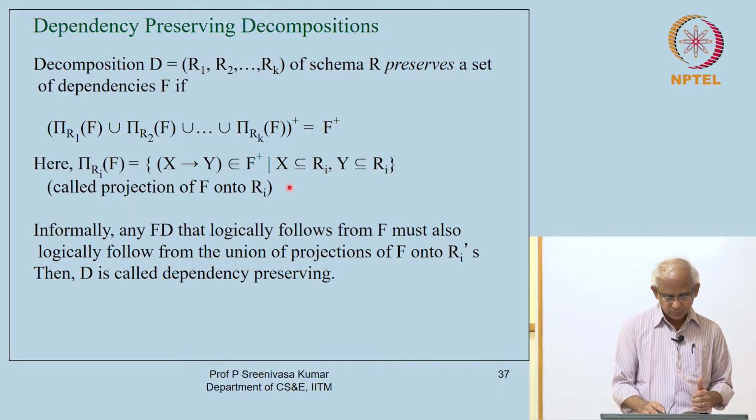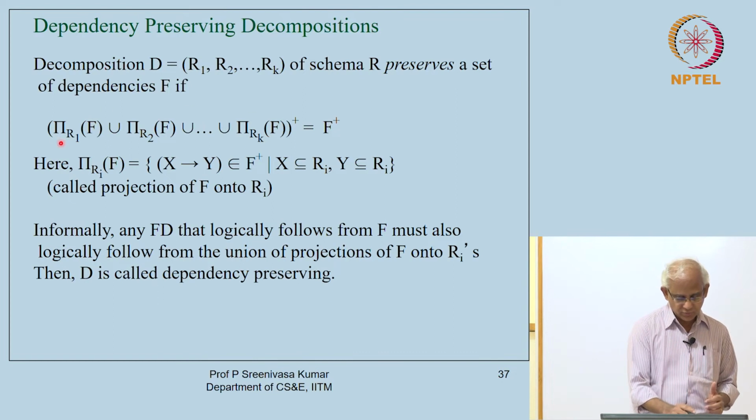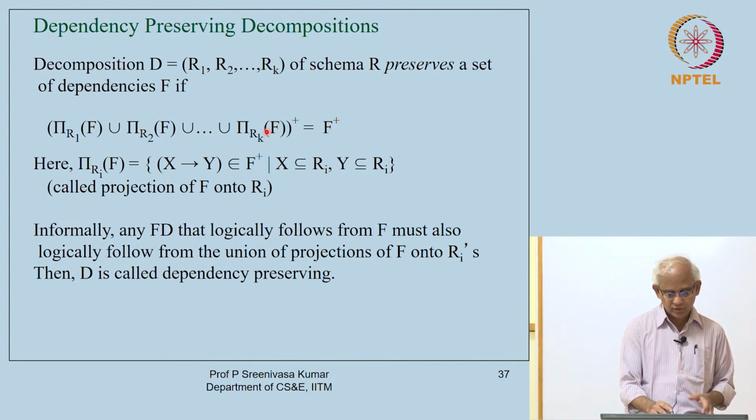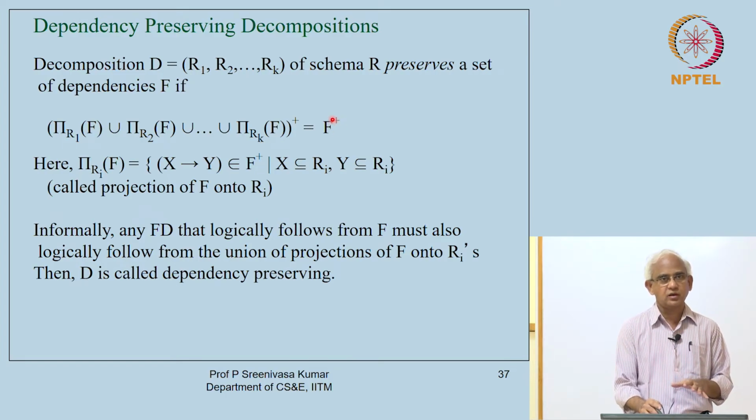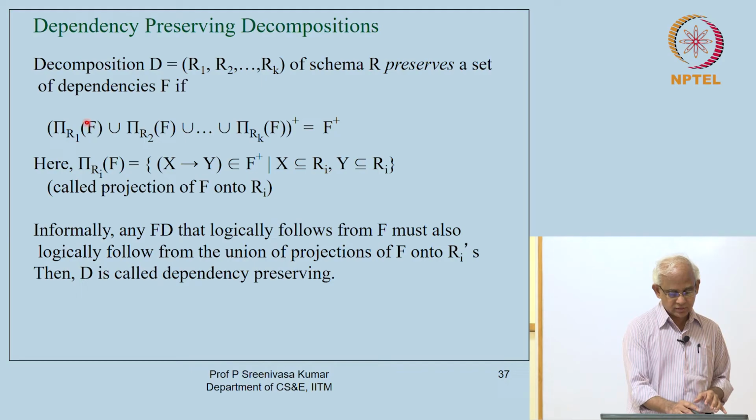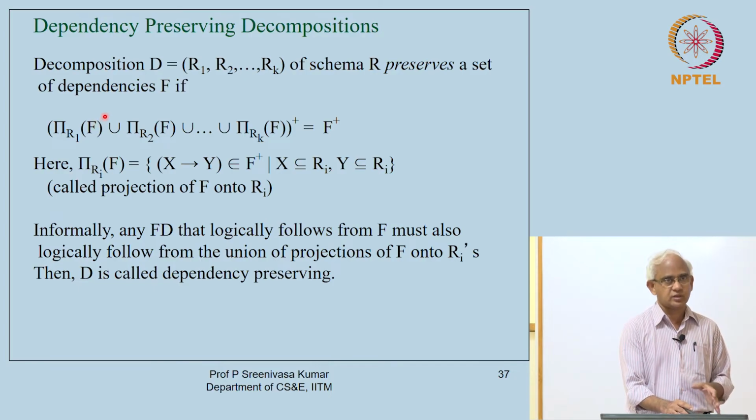Now, the decomposition is said to preserve the functional dependencies if you take these projections, take a union of all these projections and then take their closure. If that is equal to the F closure, that means all functional dependencies are available either directly in each of these Fi's, or they can be derived from these Fi's.